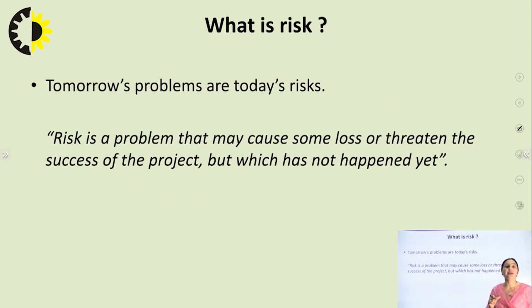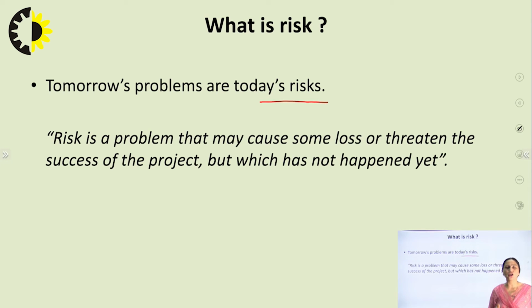Now what actually is a risk? How can we identify that there is a risk in the software? Tomorrow's problems are today's risk. Tomorrow's problems are today's risk. What is risk? Risk is a problem that may cause loss or threaten the success of the project, but which has not happened yet.